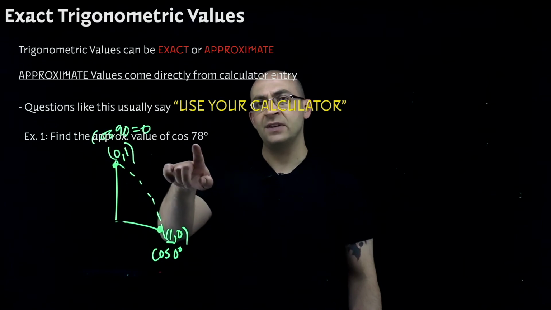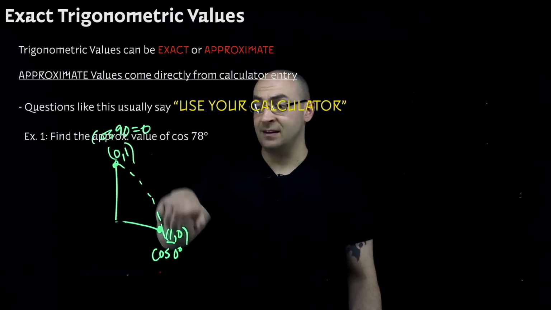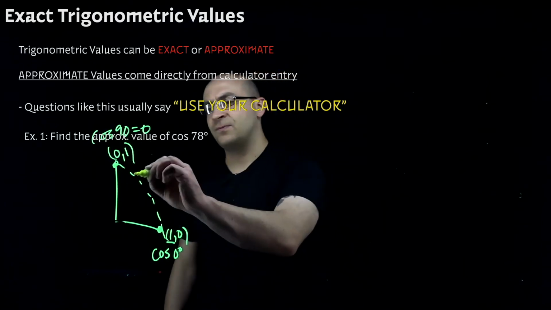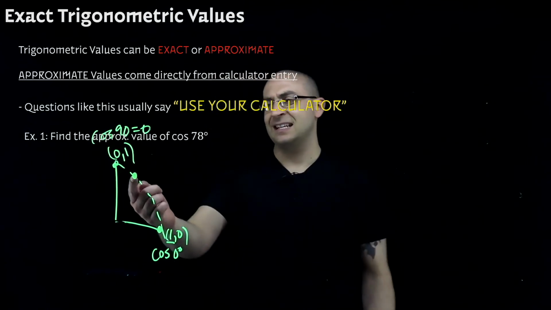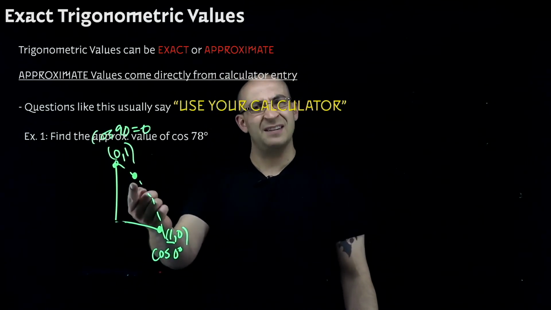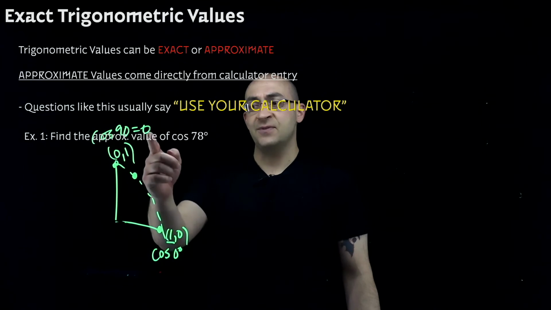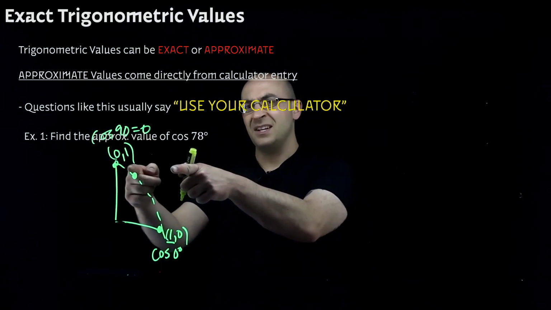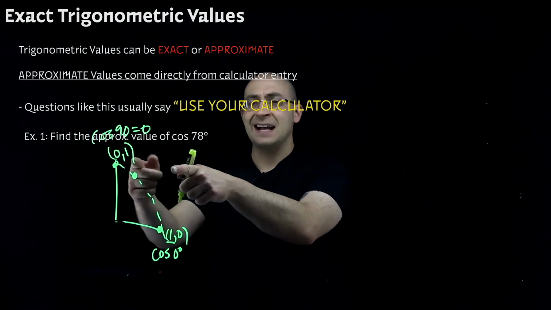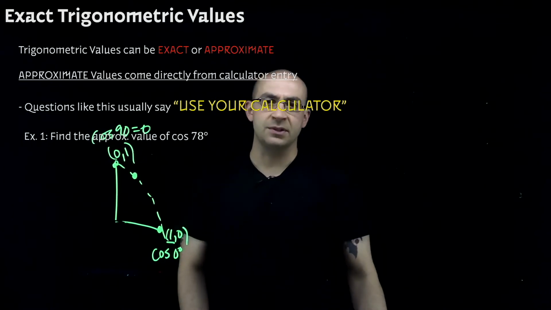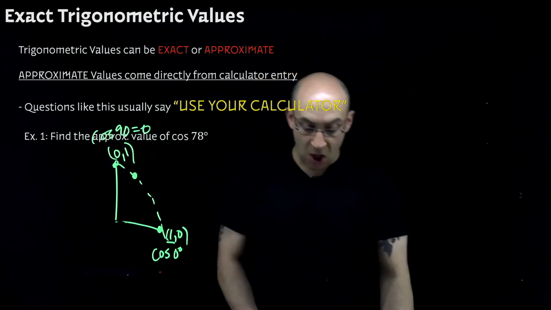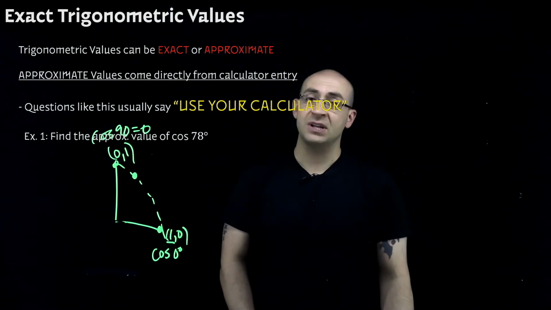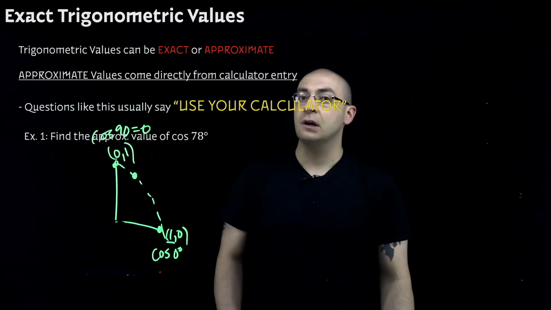So 78 is far closer to 90 than it is to 0. So it's probably somewhere in this vicinity. If that is 0 and the continuum goes to 1, it's going to be close to 0. Not exactly 0, but a decimal close to 0. So let's find out. All we're doing is pressing cosine 78 in the calculator. Make sure you're on degrees though.